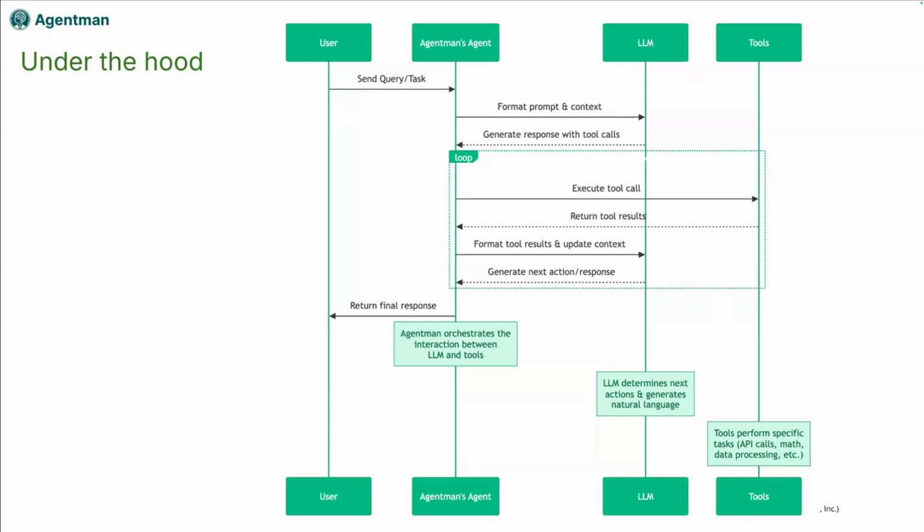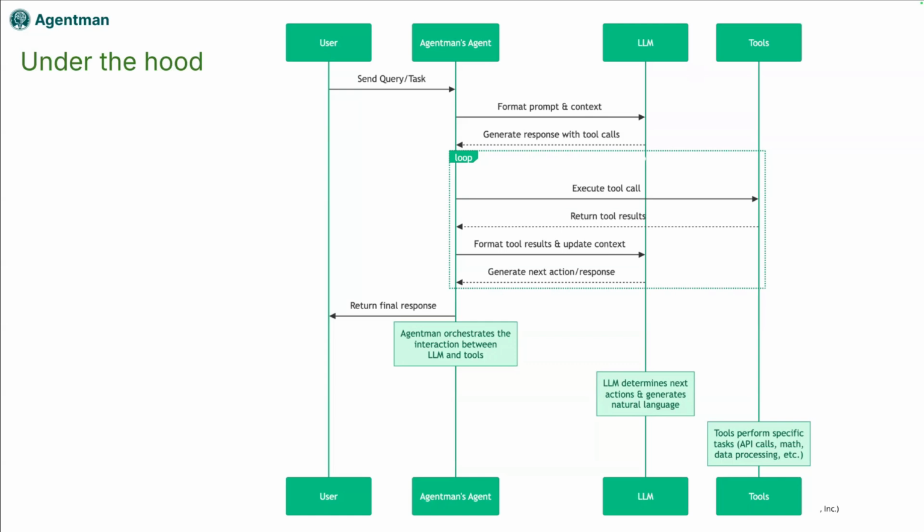Under the hood, this is a workflow type of diagram that you explained last session. And this in particular shows the inner workings of all the flow interactions between a user and the agent, the LLM, and the tool.